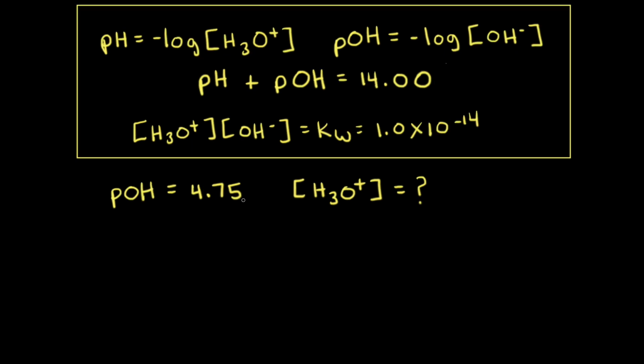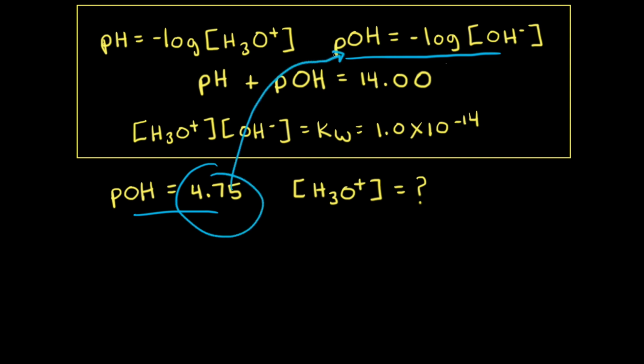There's another way to do the same problem. Since we have the pOH, we could use the pOH equation to find the concentration of hydroxide ions in solution. So we would just need to plug in the pOH into this equation, which gives us 4.75, which is the pOH, is equal to the negative log of the concentration of hydroxide ions.